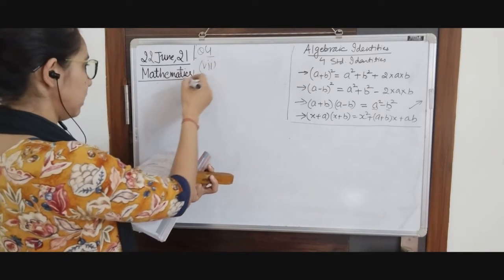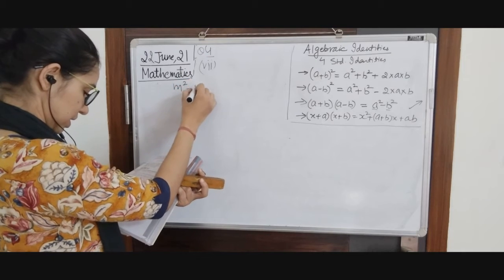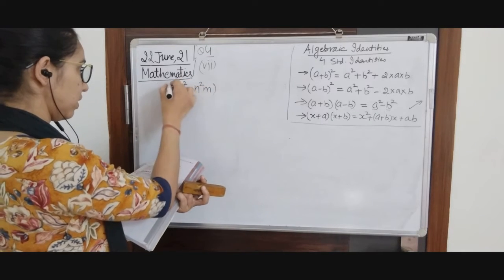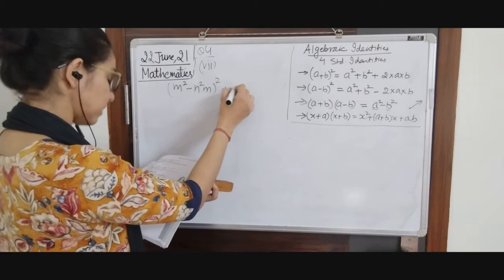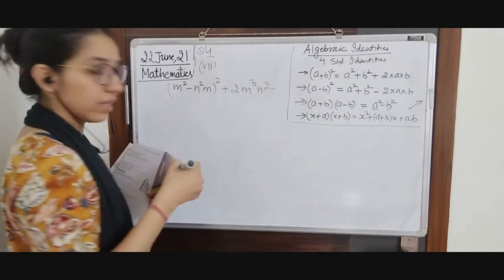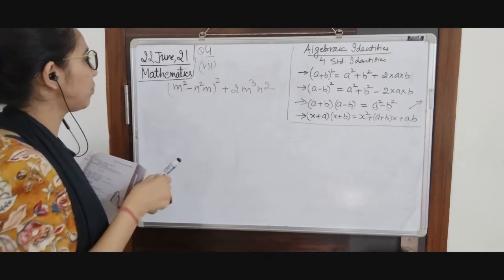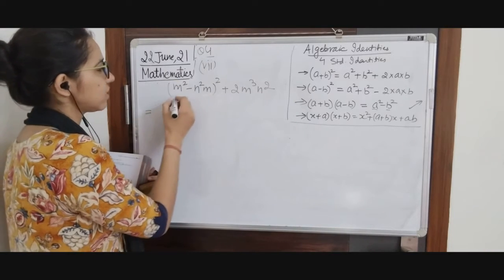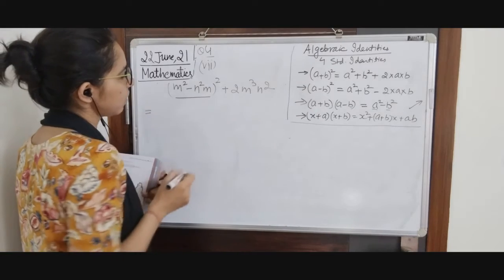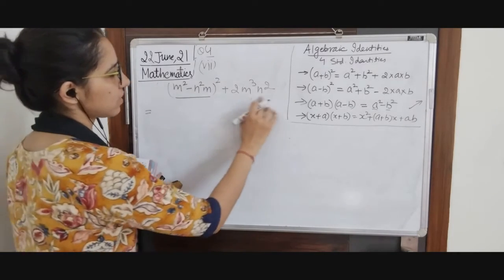Seventh part, which is m square minus n square m square plus 2m cube n square. Okay, this is the expression given. So in this we have square of 2 terms plus this.